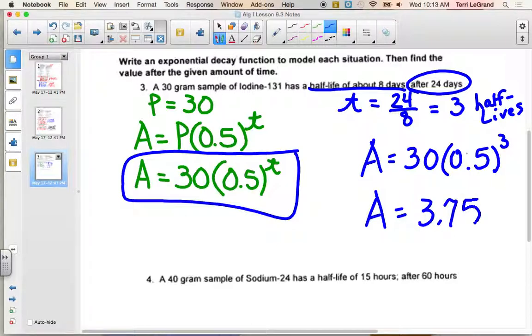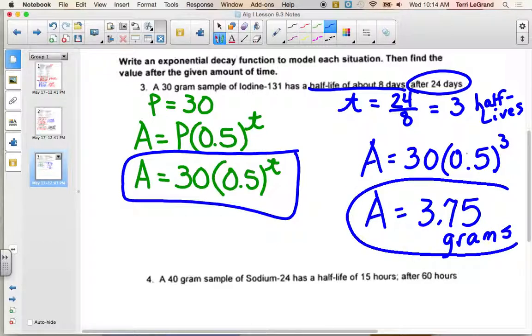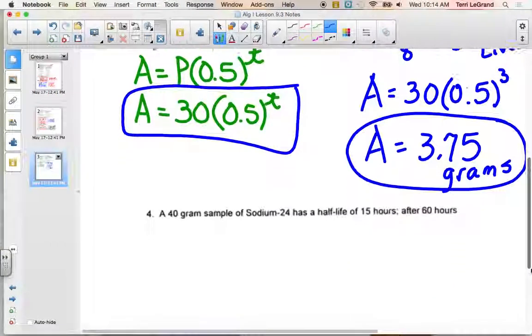Okay? And what are these measured in? Grams. Should our answer get smaller? Yeah, it better not be greater than 30 or it didn't do any decaying. It did some growing instead.